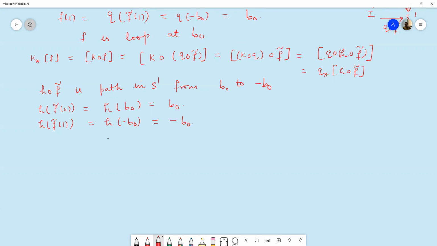So this is a non-trivial element of the fundamental group of the circle. So we have proved that K star F is a non-trivial element. That means there exists an element in the domain whose image is a non-identity element, so K star is a non-trivial homomorphism.